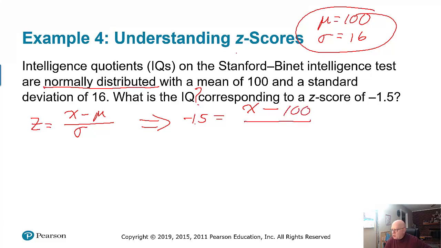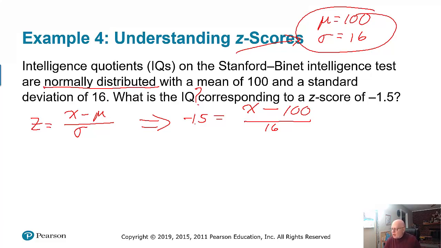Standard deviation, right up here, 16. All I have to do is solve this simple equation. That's why we did chapters 6 and 7, so we could do a little bit of algebra when we needed to. Now, notice that we've got a fraction on the right-hand side.